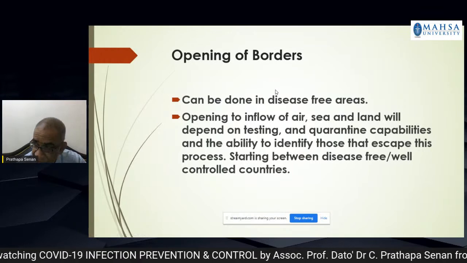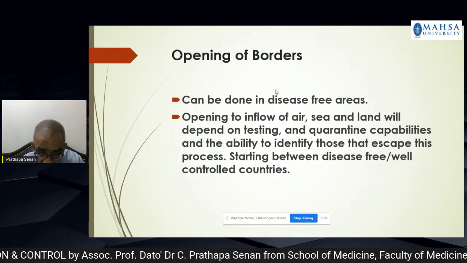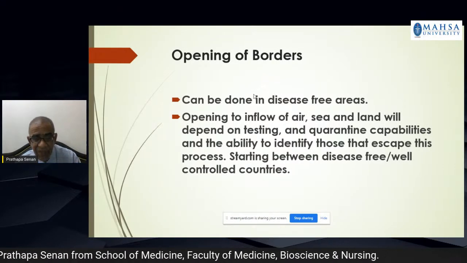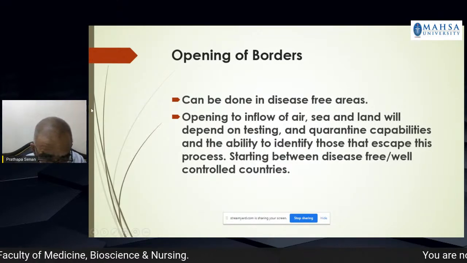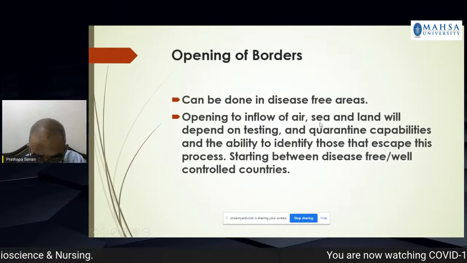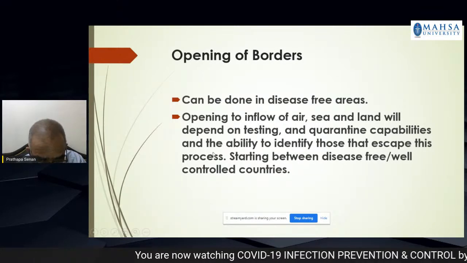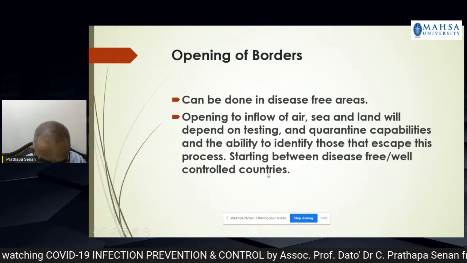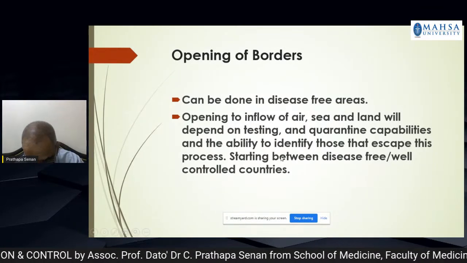If the town of Penang and the airport do not have a disease, you can easily have flights from similar areas in different parts of the country. Opening to inflow of air, sea and land will depend on testing and the quarantine capabilities and the ability to identify those that escape this process, starting between disease-free, well-controlled countries.